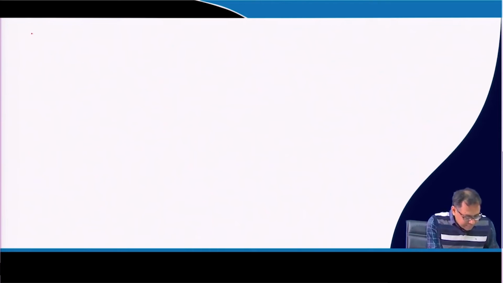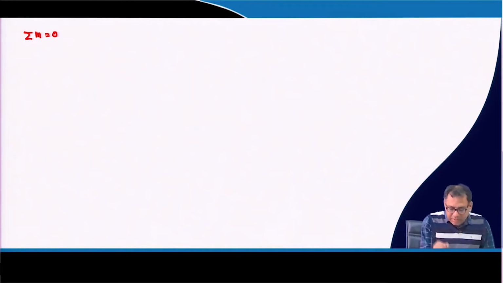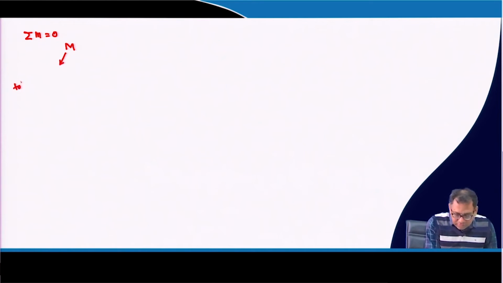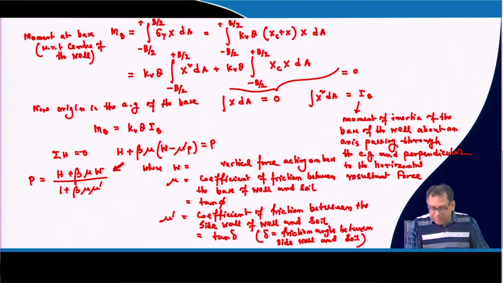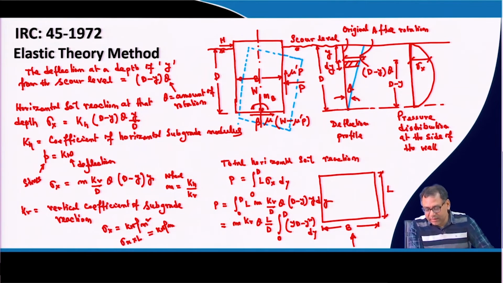Now if I take the summation of the moments equal to 0, that means if M is the total applied moment about the base of the well. In this figure you can see M is the applied moment.